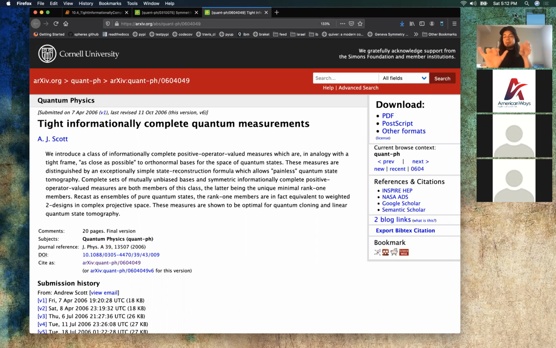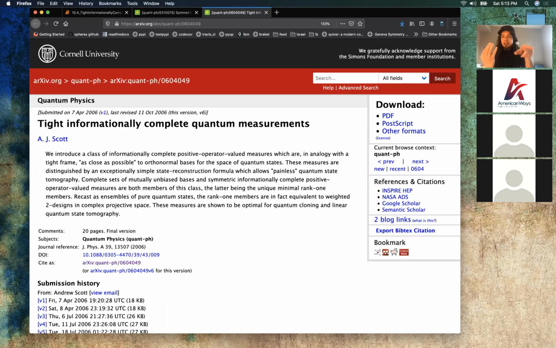And then to implement the POVM, there's going to be some unitary that entangles the qubit with the apparatus. If you look at the probabilities of the 4 outcomes of a normal measurement on the apparatus, they're given by the trace of rho with the 4 POVM elements. So you'll get those 4 probabilities.